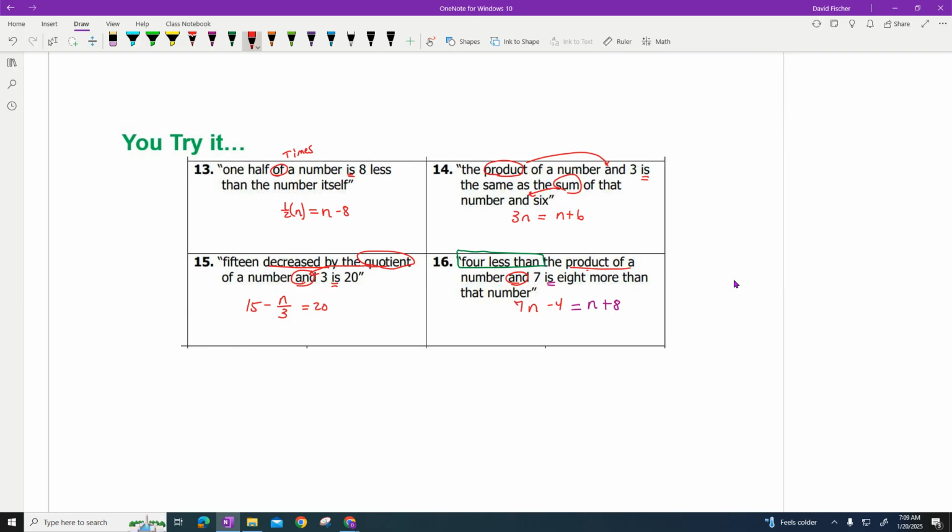Here's that one, what do they call them, switcheroos, turnaround phrases. So I want 4 less than something, so that means I have something over here, and I want 4 less than. So here's the something. Product means times, of a number and 7, so that means 7 times a number, there it is, 8 more than that number.